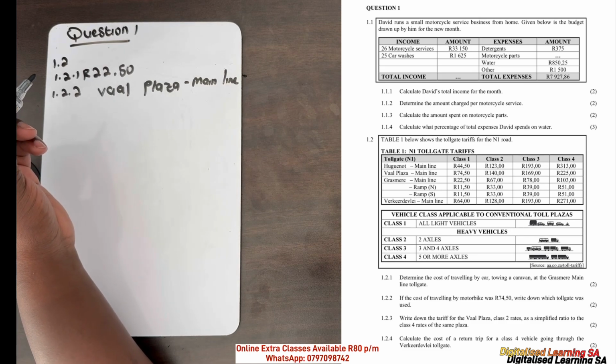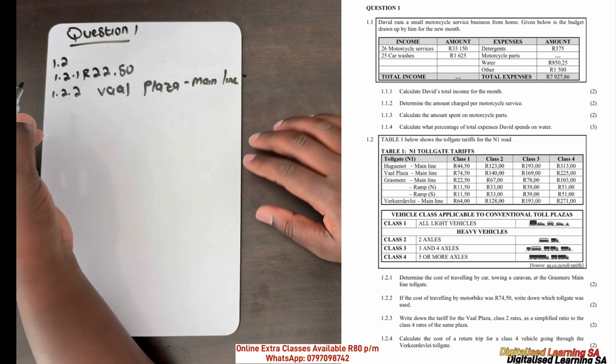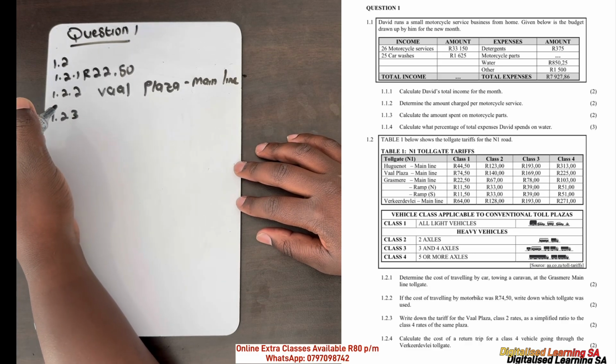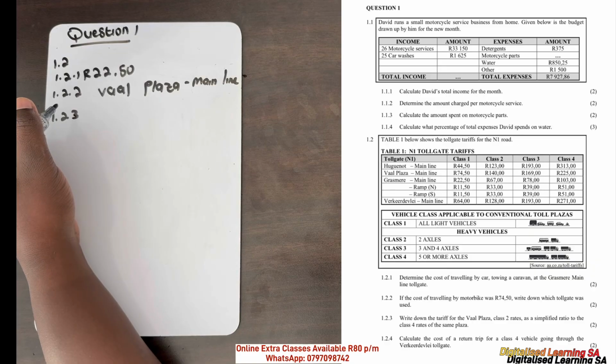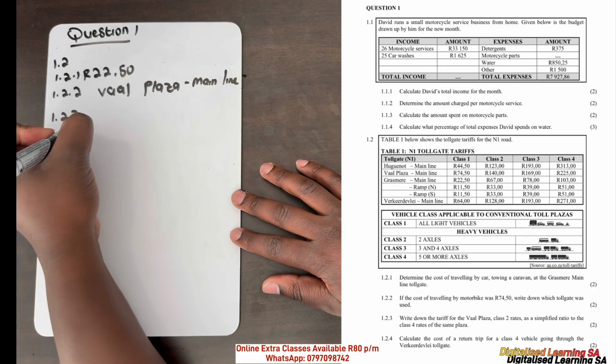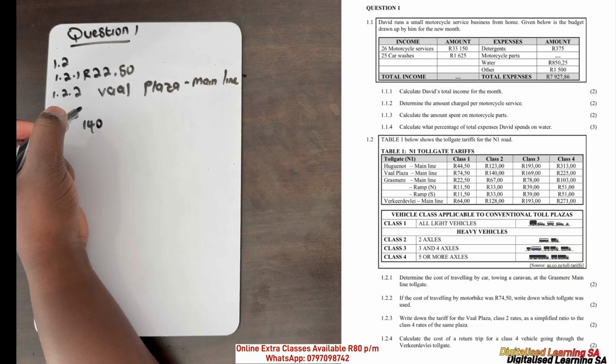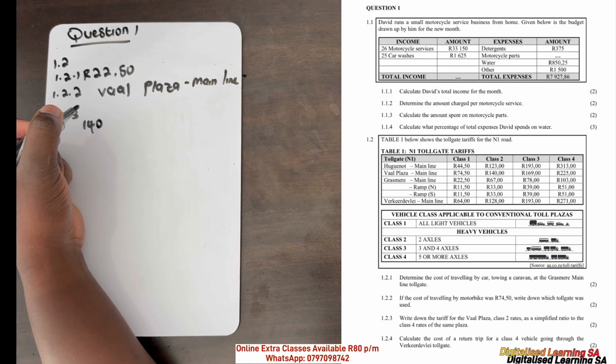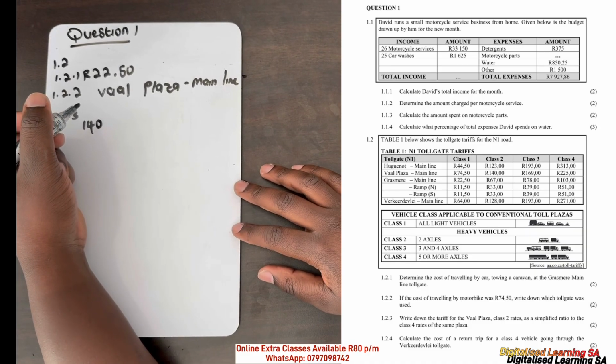So now let's move to question 1.2.3. So question 1.2.3 says, write down the tariff for the Val Plaza class 2 rates. So Val Plaza class 2 rates, it is 140. And then we are also told to write it as a simplified ratio to the class 4 rates of the same plaza.